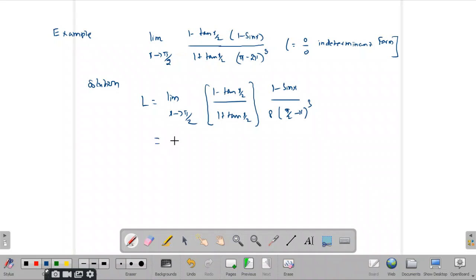And from the 11th standard trigonometric identity, (1 minus tan x by 2) by (1 plus tan x by 2) is tan of (pi by 4 minus x by 2).